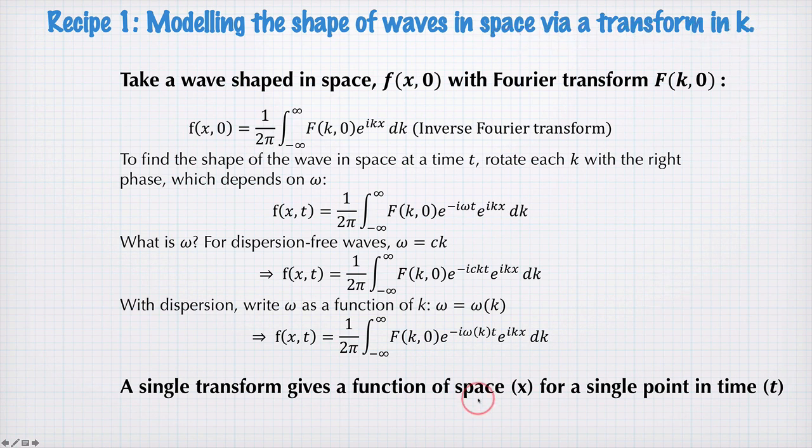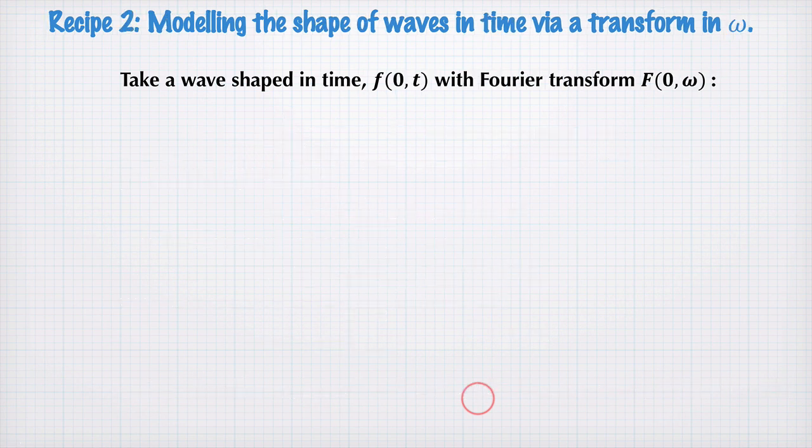There is a second recipe we can use to treat a slightly different situation. So what if we have a situation where, for example, we are measuring the amplitude of a sound wave with a microphone. This microphone will be at a fixed point in space, a fixed position x, and we're interested in the shape of the wave passing that fixed point in space x, and this wave will have some function of time.